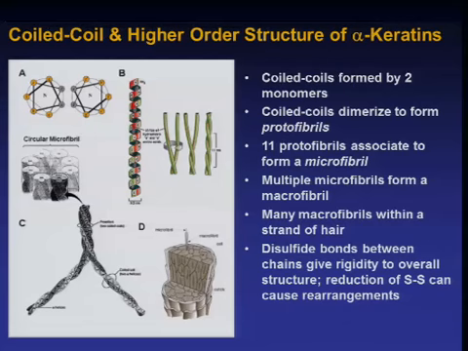Here you have, let's say, one of those alpha-keratin monomers. And you have A, B, C, D. So it's 3 residues, not 3.6, so it doesn't quite come all the way around. But on this side, you now have 2 hydrophobic residues.